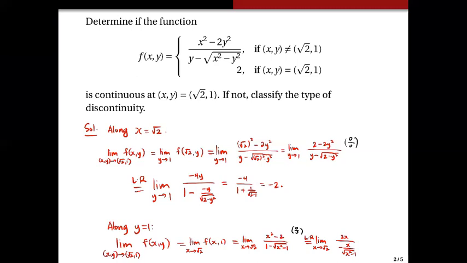And as x approaches square root of 2, you can rewrite this expression here. If we do that, we will have the limit as x approaches square root of 2 of negative 2 times square root of x squared minus 1.